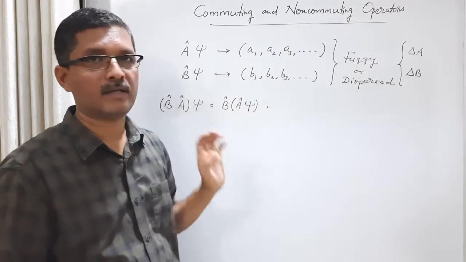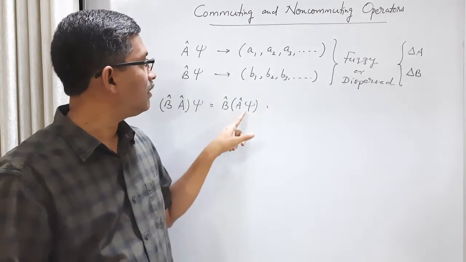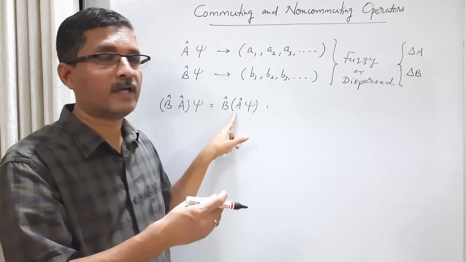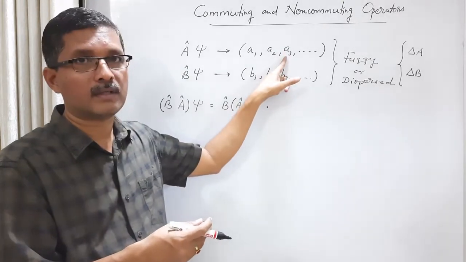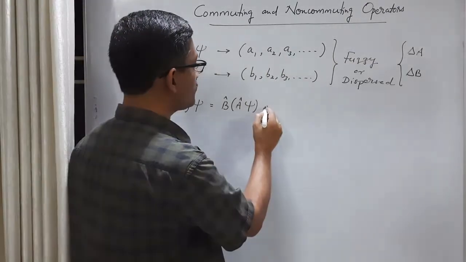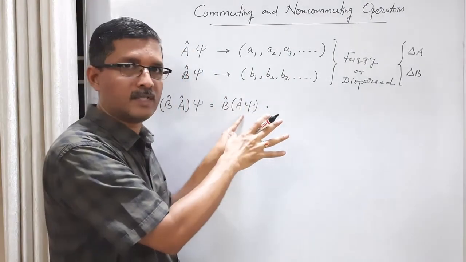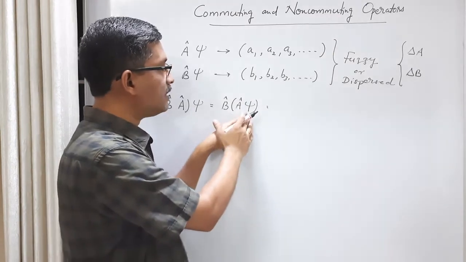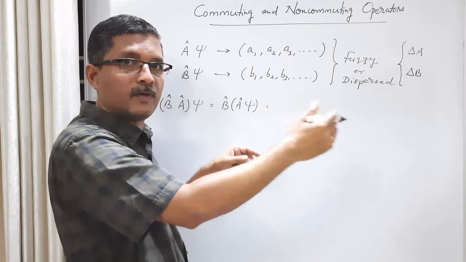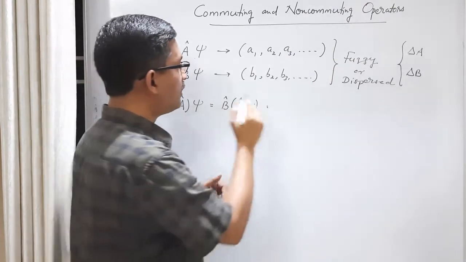Maybe we get A3. Then what happens? This general state will collapse to the eigenstate of A corresponding to the eigenvalue A3, right? This is not an equality because we are considering only one of the possibilities here. This general state can collapse to any of the eigenstates of A with different probabilities, okay? But we consider only one case.